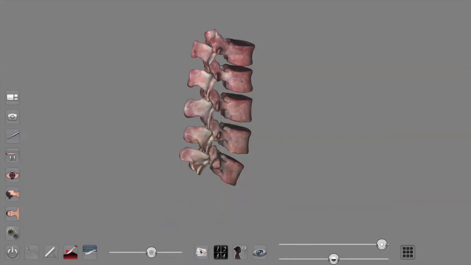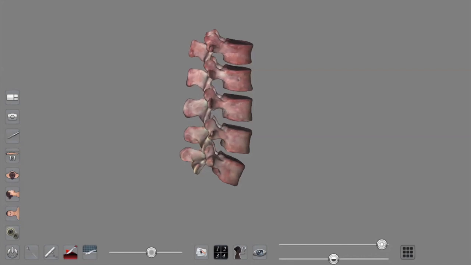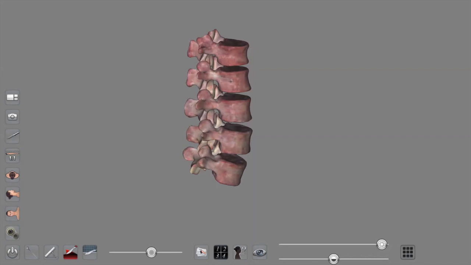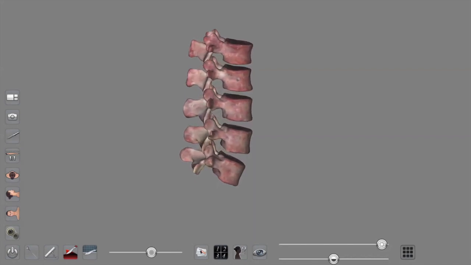The next functional segment of the spine is the lumbar spine. The lumbar spine includes L1 to S1, so it actually includes part of the sacrum. Here we see just L1 to L5. Note the much larger and thicker vertebral bodies. This is to allow for higher absorption of compression forces.